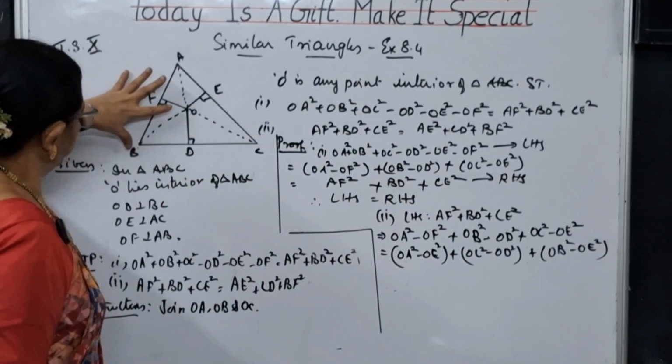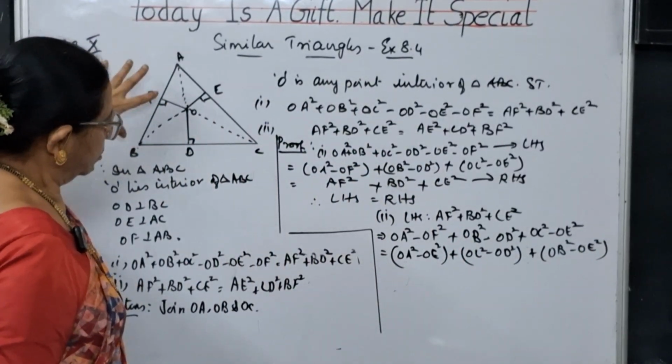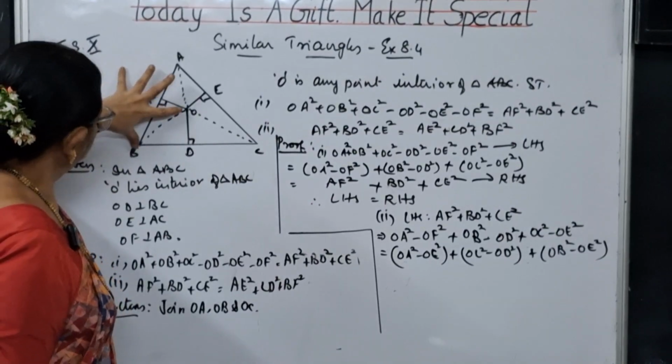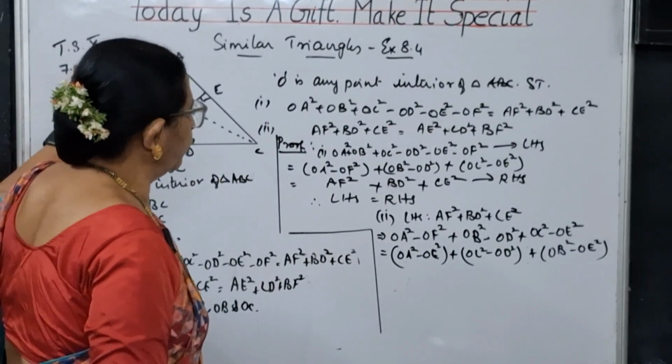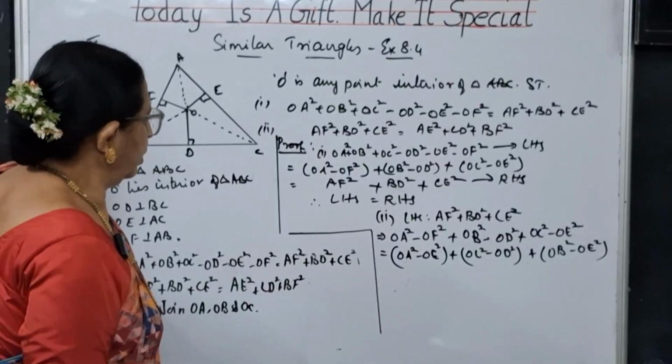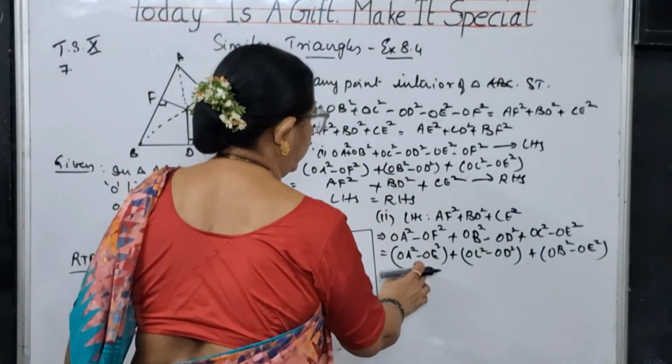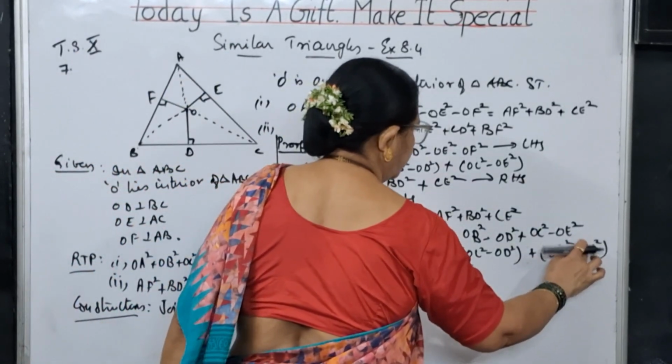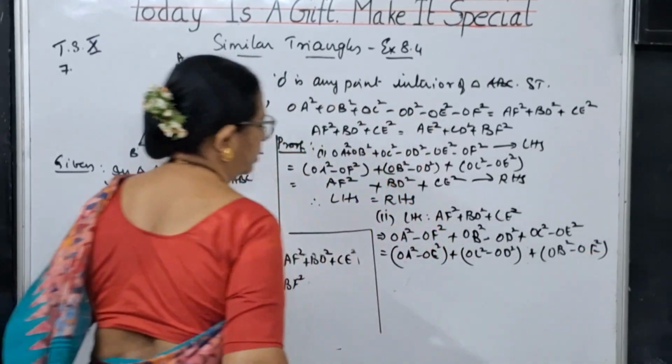OB square minus OF square. We have got OA square minus OE square I have taken here, OB square minus OF square I have to take.